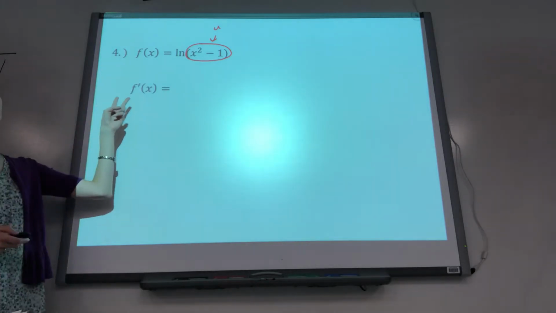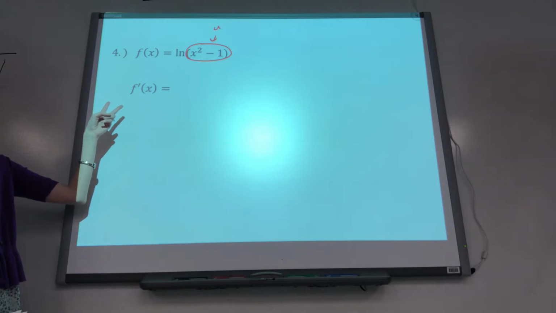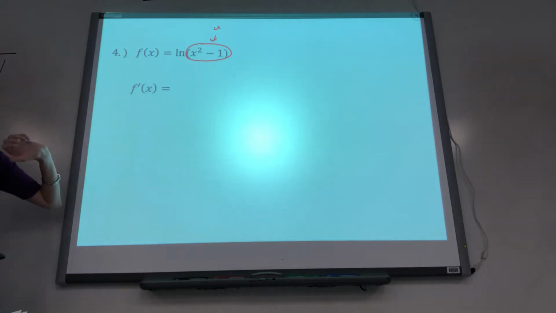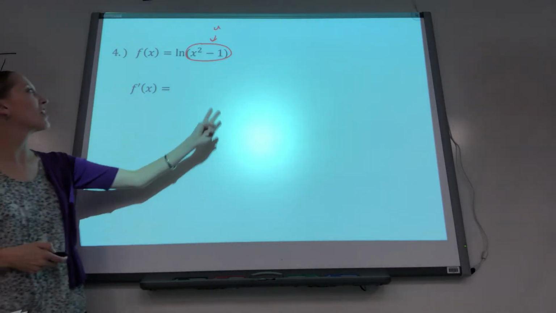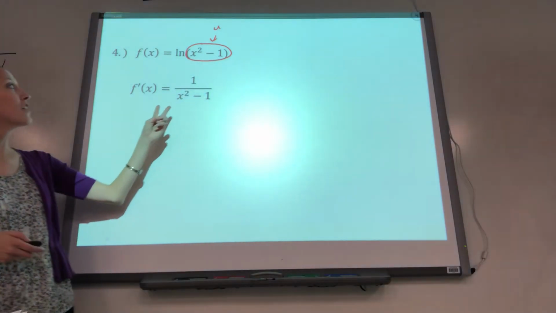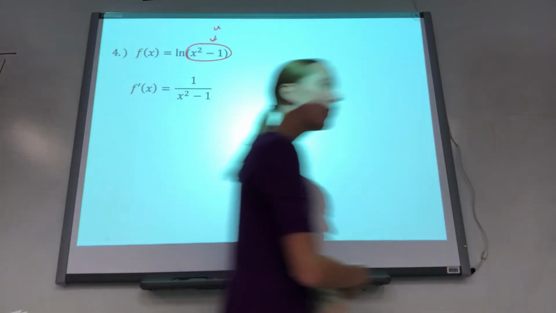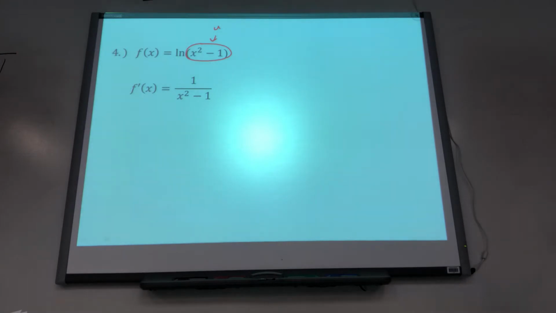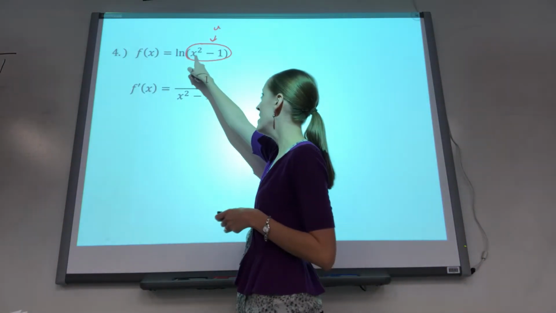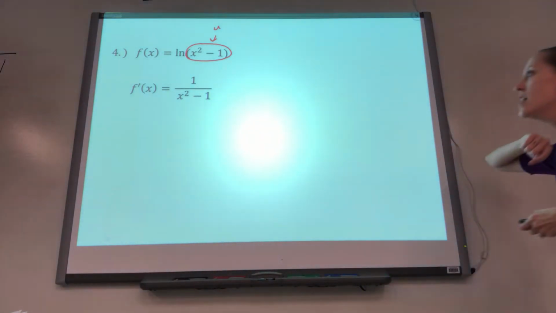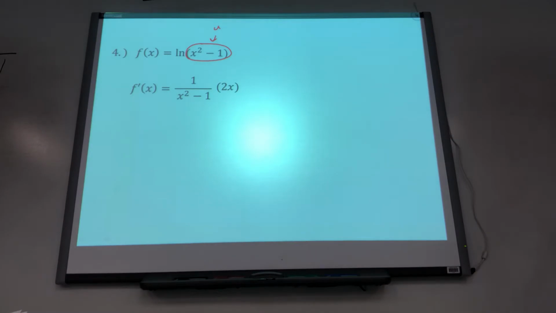So to start the derivative, we're going to take 1 over u, so just 1 over x squared minus 1. And then we'll have to come back and take the derivative of the part that was u.